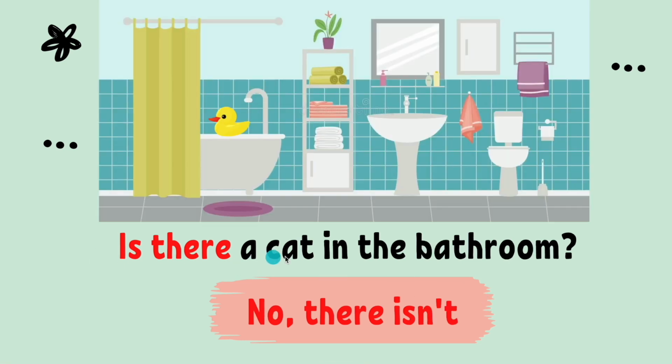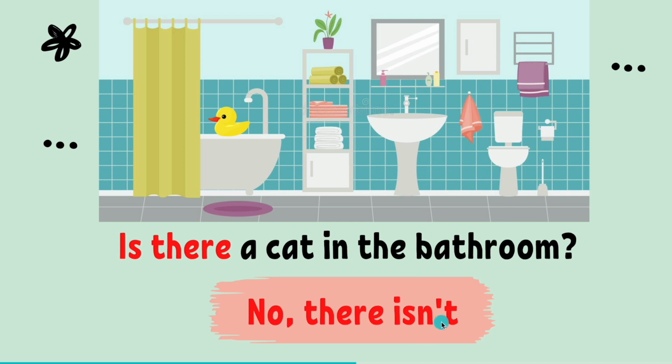Is there a cat in the bathroom? Ada seekor kucing tak dekat dalam bilik air? Awak tengok from this picture here. Is there any cats here? Okay, there's no cats. Jadi, how you want to answer? No, there isn't.